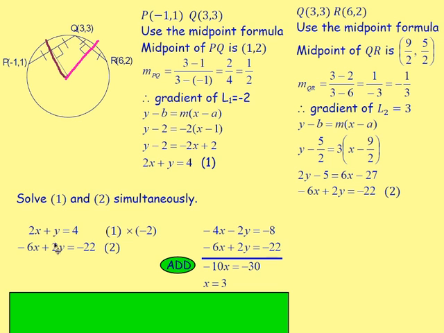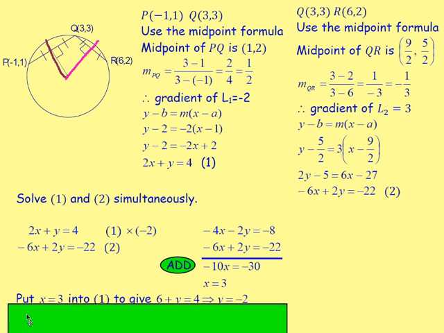All I'm doing is trying to get the same coefficient of y, but the negative. So I'm multiplying the first equation by negative 2 with every single term. That gives me negative 4x take away 2y equals negative 8. And then I've got negative 2y here and 2y here, so I'd add the x terms, add the y terms, and add these constants together. So negative 10x is negative 30, and x would then be 3.